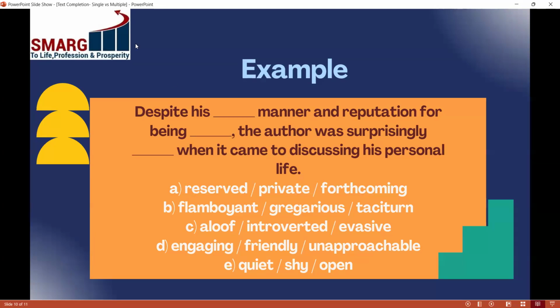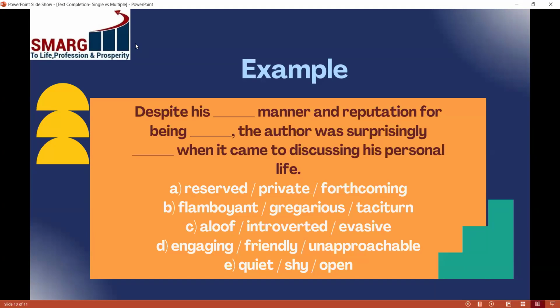See, now here, when we talk about flamboyant and gregarious, what is happening? Flamboyance is more of an exaggeration usually. It's a superlative adjective that comes in.